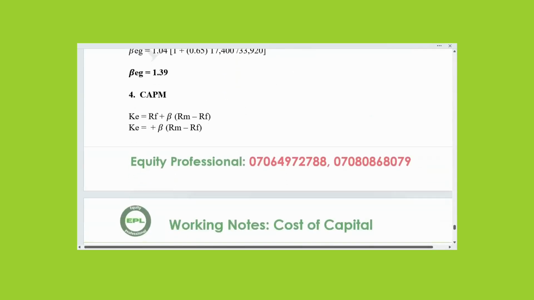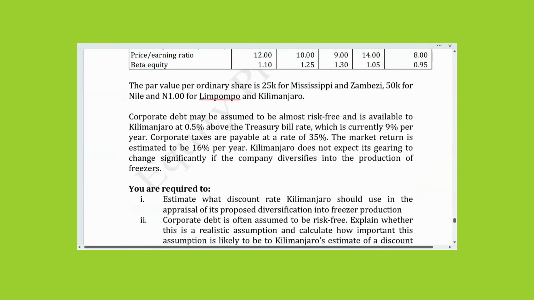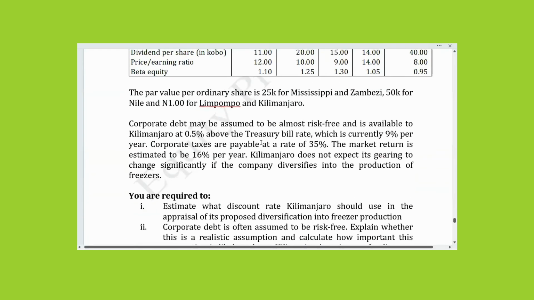So here is 9% plus beta. We calculated beta in step 3 to be equal to 1.39. Then I need market return, RM. Let's go back to the question. What is market return? We are told in the question that the market return is estimated to be 16% per year.